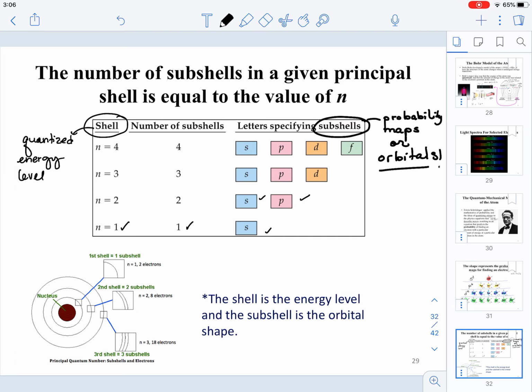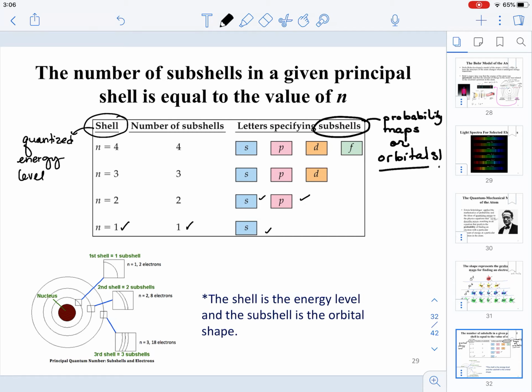So as we move on to, for example, shell number 5, shell number 6, shell number 7, which are the only ones that we know to date, they are not going to have S, P, D, F specifically. For example, shell number 5 also has 4 subshells.